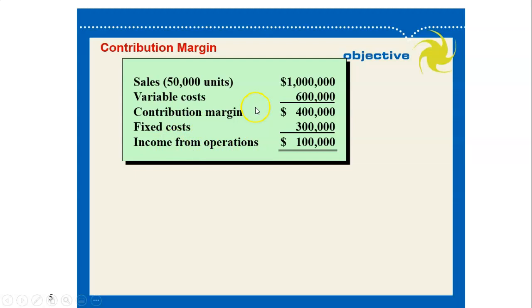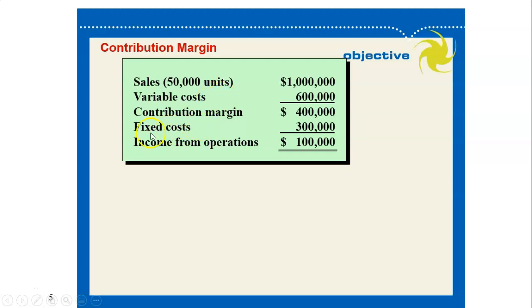Now here, we're just taking the costs and divvying them up a different way. We also talked about this back in Chapter 3, if you want to review it again. Instead of cost of goods sold and operating expenses or period expenses, we have variable costs and fixed costs. The variable costs include all the variable costs from the factory and from the office.